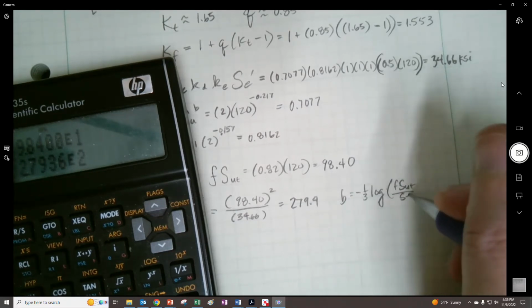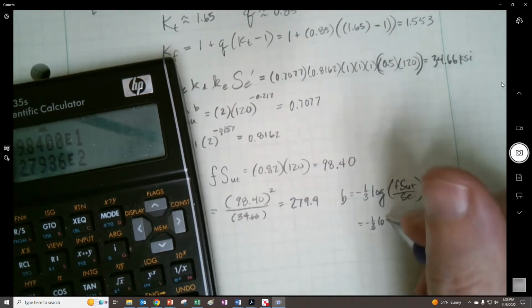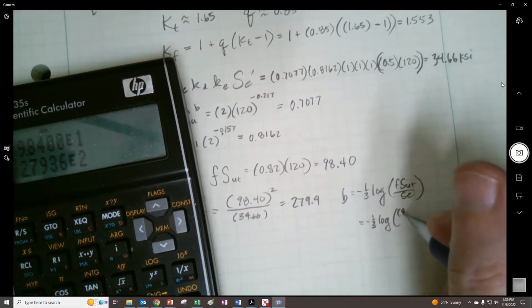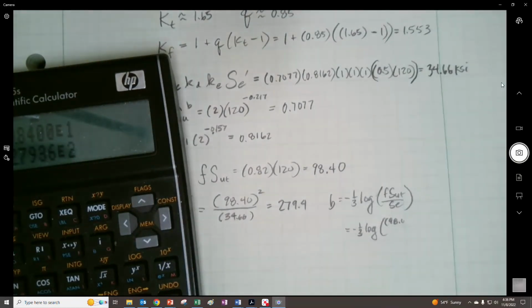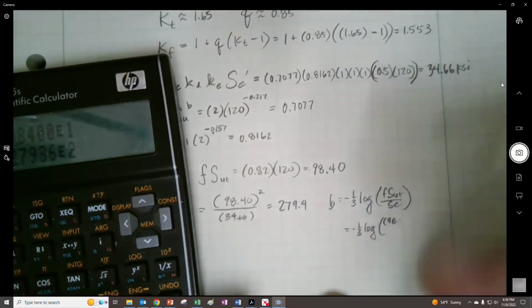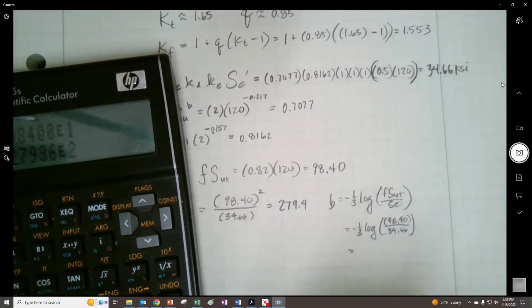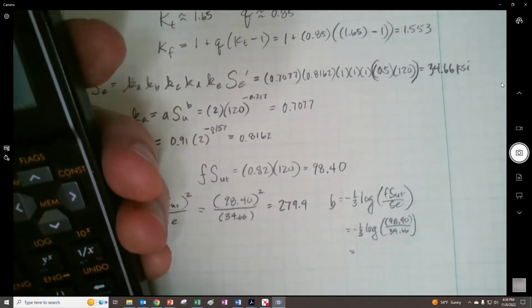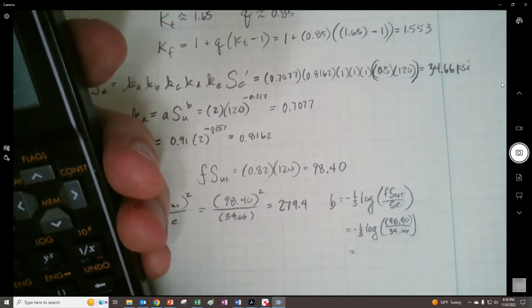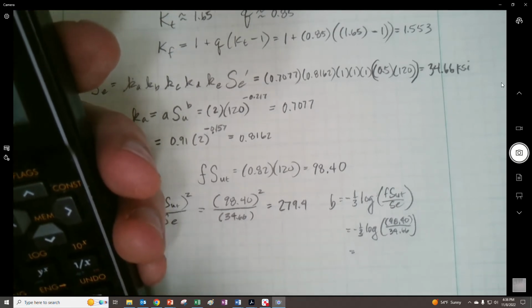And now we want b, which is equal to negative 1/3 log base 10 of f Sut divided by Se. So that's 98.4 divided by 34.66. I'm going to swap that around and do 34.66 divided, and do the log base 10, divided by 3, and make it negative.